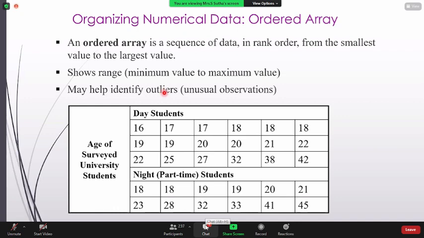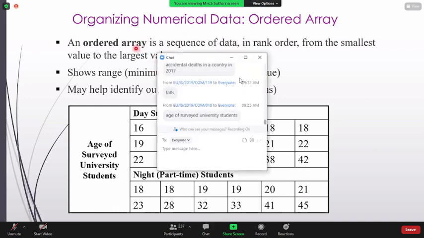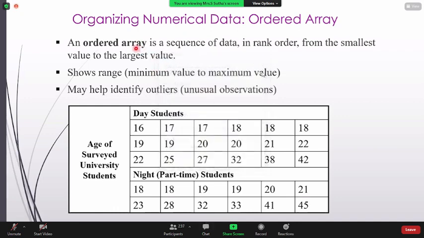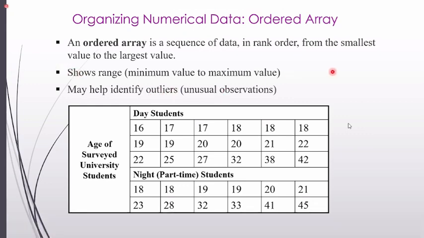Only these are the two things we can derive from the ordered array. But for the time being, you will leave identifying the outliers. What is the information here you are taking?